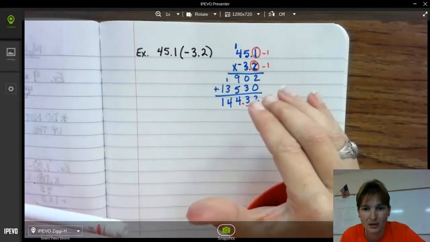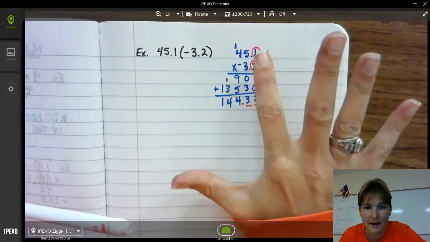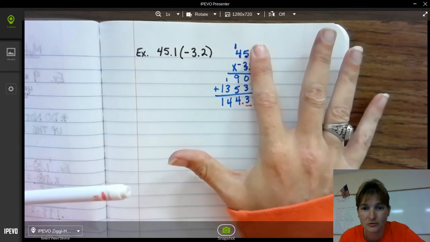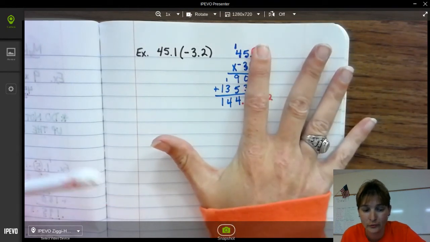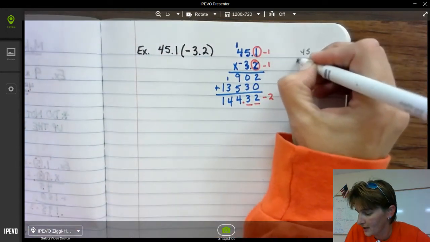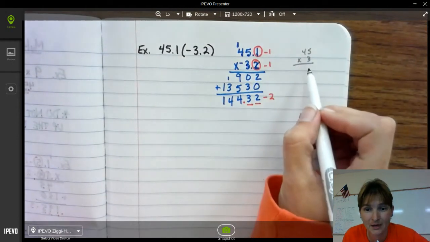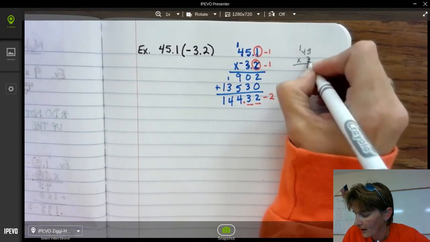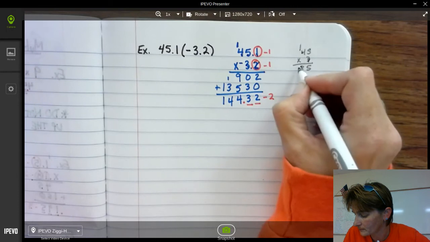Now, I want you to see where this can make a little more sense on why we're placing the decimal there. If you take away the 2 decimal places and you just do 45 times 3, you will get close to 144. I'm going to show that off to the side. 45 times 3. Because that would technically be estimating those numbers. Okay, so 3 times 5 and 3 times 4 plus the 1 would be 12, 13.